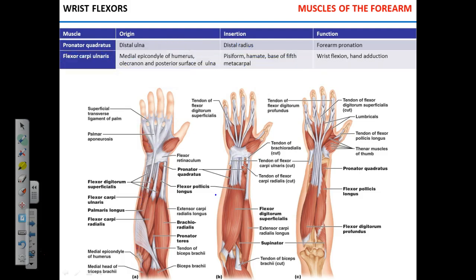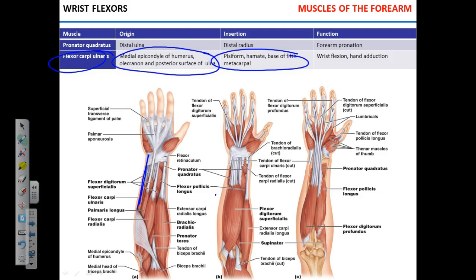We're going to talk about pronator quadratus separately. The fourth muscle is flexor carpi ulnaris. It runs from the humerus and ulna to the medial carpals and metacarpal. Flexor carpi ulnaris on this model will be number 15.